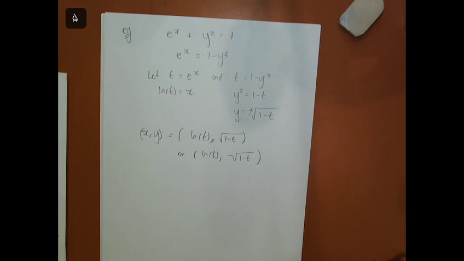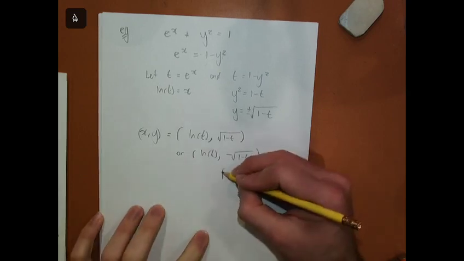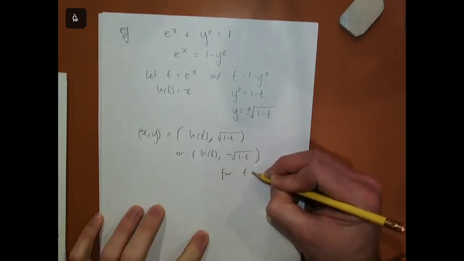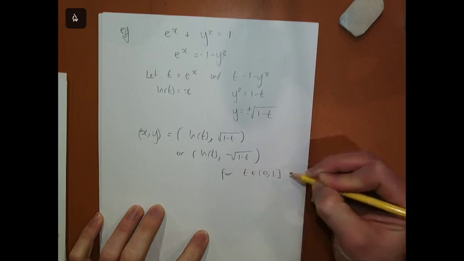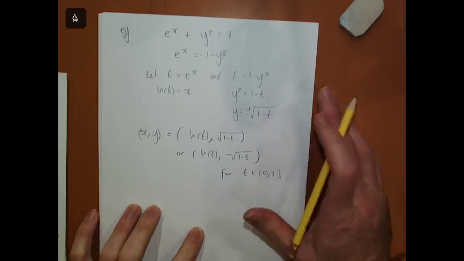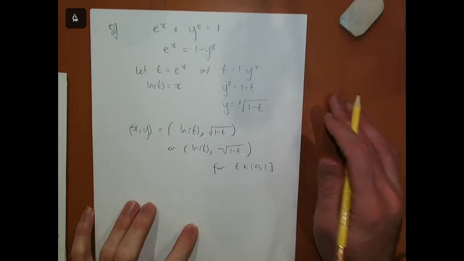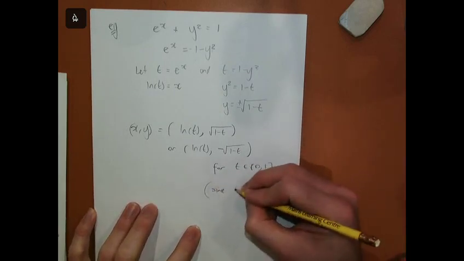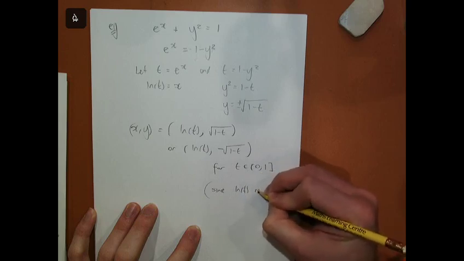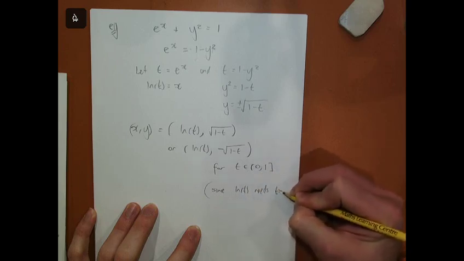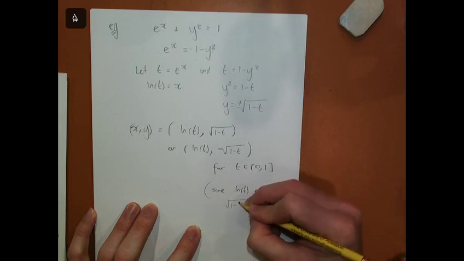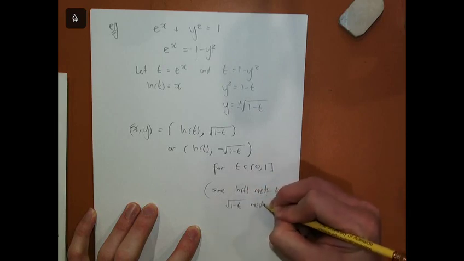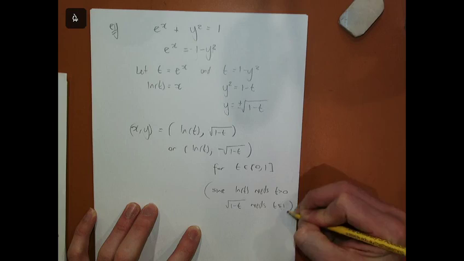Okay, all right. So for t between 0 and 1, I am allowed to put 1 in there because I'll just get 0 for y. Okay, so we can say since ln t needs t greater than 0 and root 1 minus t needs t less than or equal to 1.